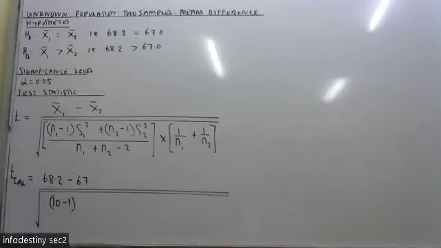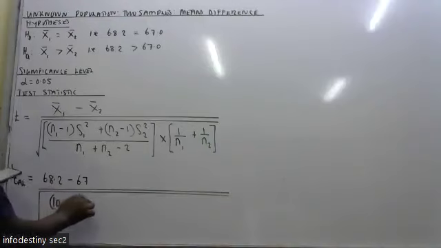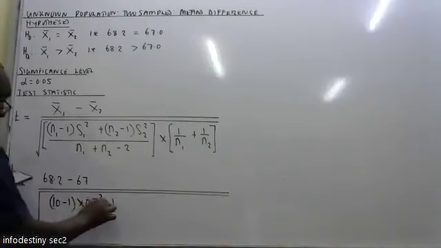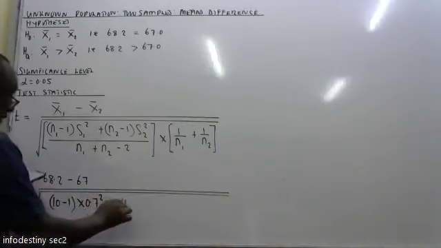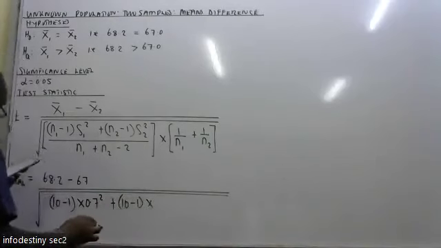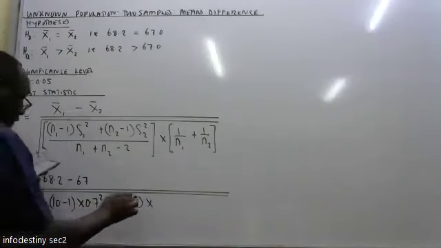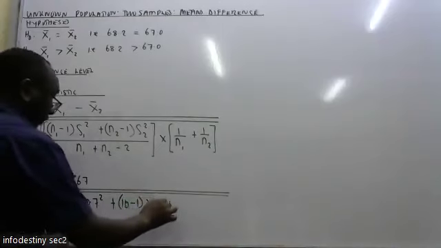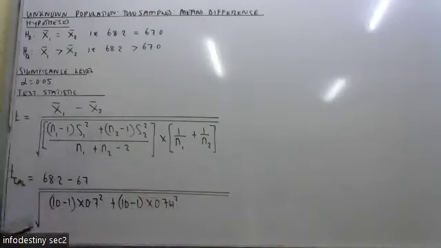The huyu anaitwa standard deviation is 0.7. So 0.7 square plus 10 minus 1 multiplied by 0.74 squared.